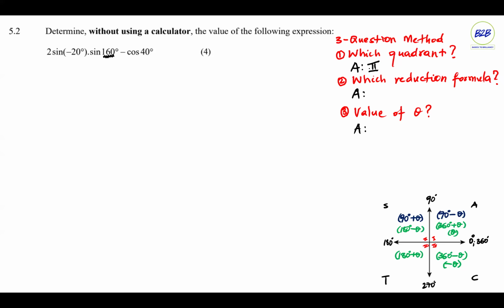And then we ask ourselves a question of, within the second quadrant, which reduction formula are we going to use? So we have 90 degrees plus theta, we have 180 degrees minus theta. Both of them, provided your steps are correct, will lead you to the correct final answer.